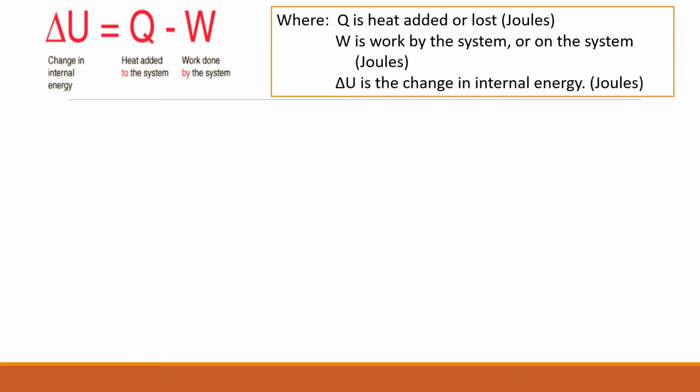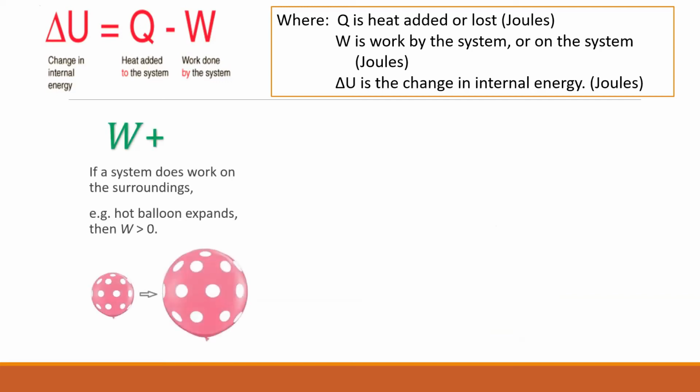What about work? Now, work is a little bit more complicated, but we're going to talk about it. Work is positive if the system does work on the surroundings. E.g., balloon expands, W is greater than 0. Now, I want you to be careful with this idea.